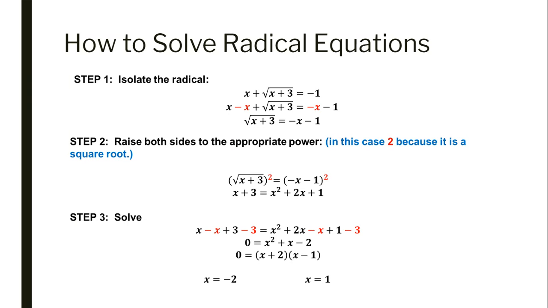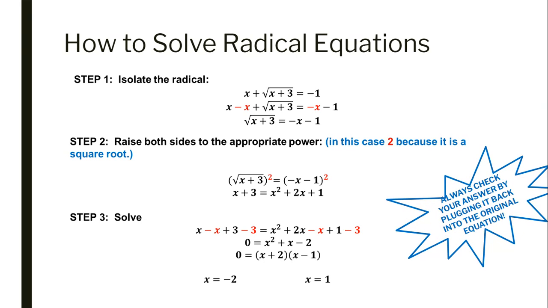Now you remember I told you how important it was to make sure that you check all of your answers? Well, if I go back and substitute negative 2 back into the original equation, it works. It's going to be equal to negative 1.